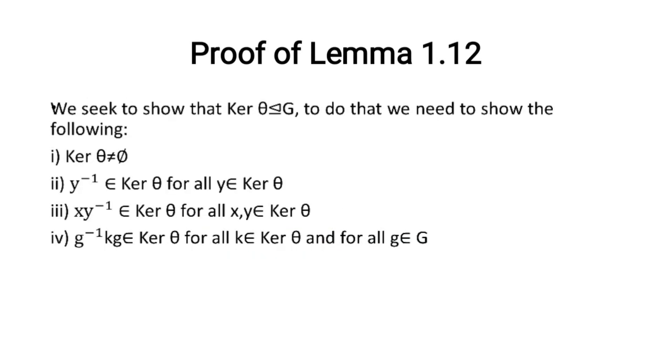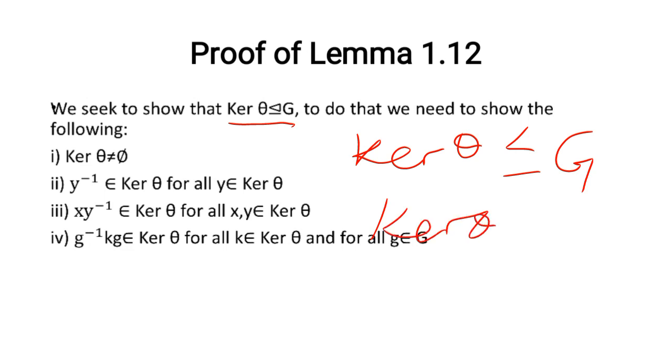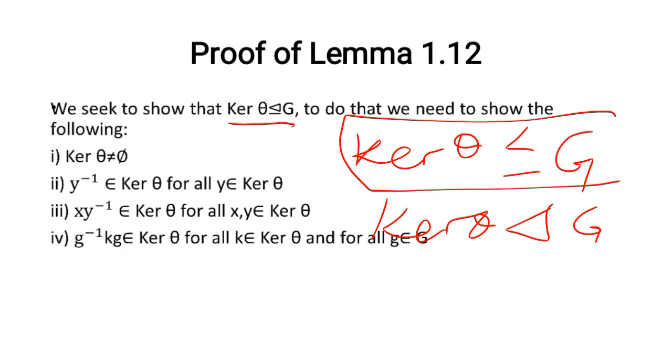So we want to show that the kernel of theta is normal. To do that, we need to show first that the kernel of theta is actually a subgroup of G before we can even show that it is normal in G. So what are the conditions we said in our previous videos? We should check that the kernel is not empty.